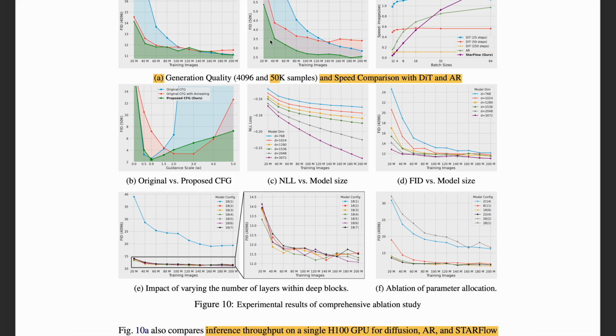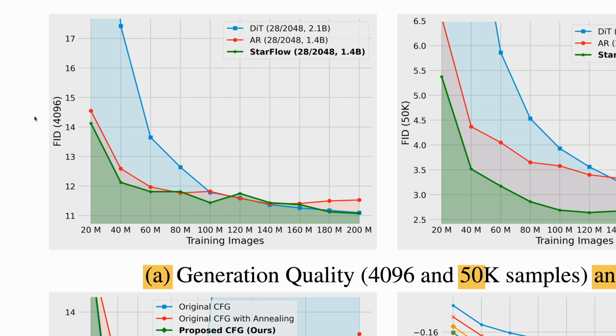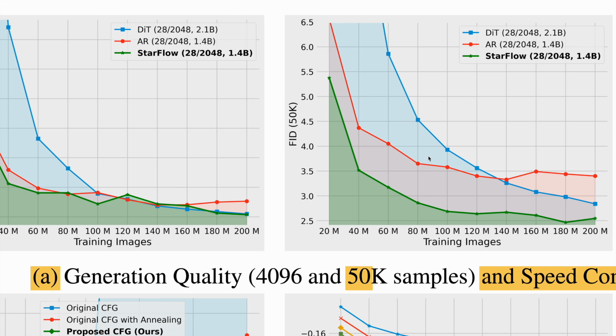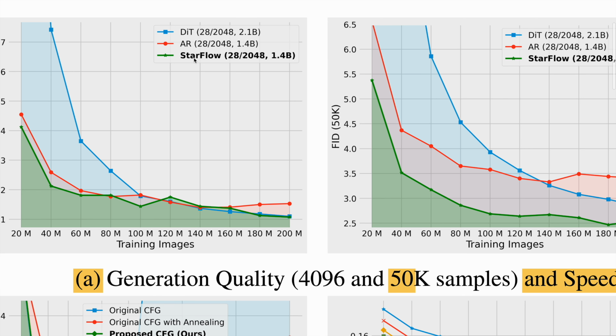Here we can have a look at the FID: the FID computed with 4K images, and the FID computed with 50K images. Usually, the more images you use for FID, the better, so this plot should be the best one to look at. But basically, here you can see that StarFlow is competitive with DiT and autoregressive models. Let's just say that it's competitive.